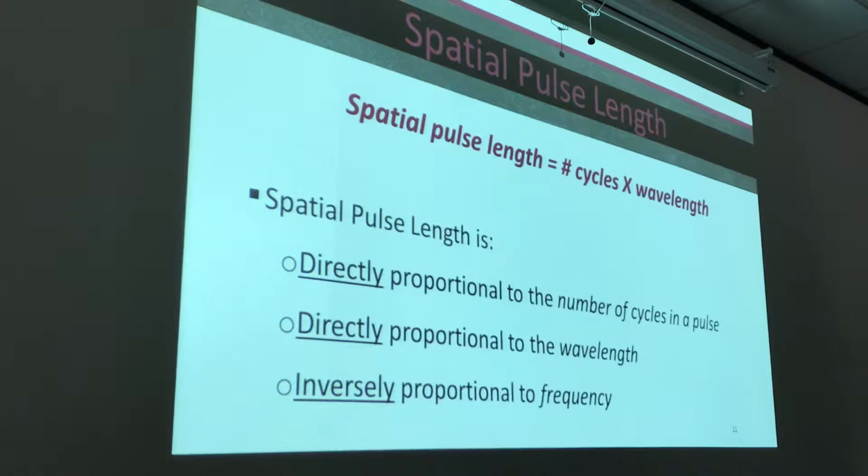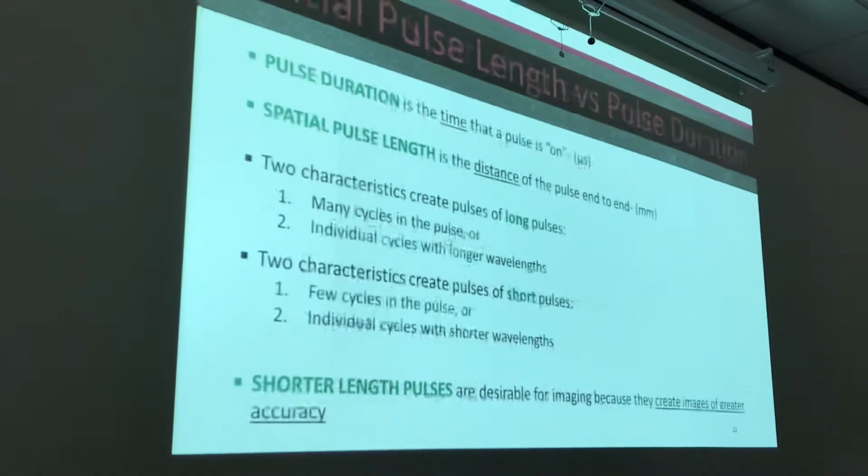That's going to create a smaller distance between those cycles, or in this case, with pulses, a shorter distance between those pulses. All right? You good here? Good. Guys, any questions on spatial pulse length?